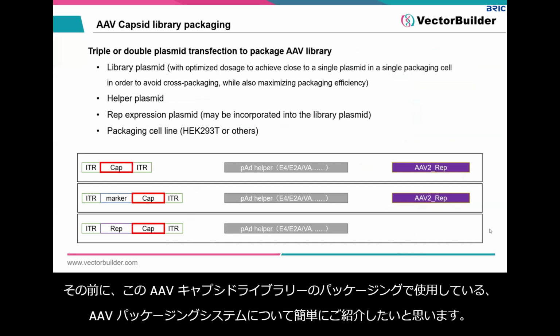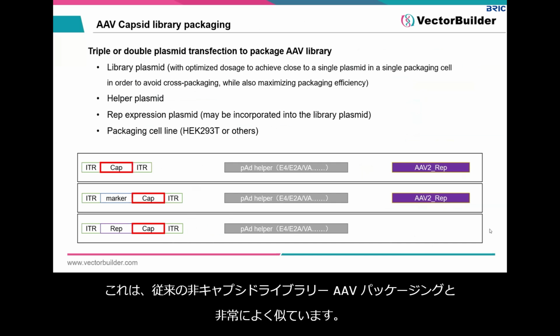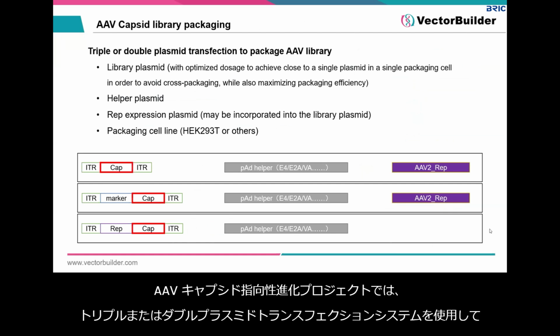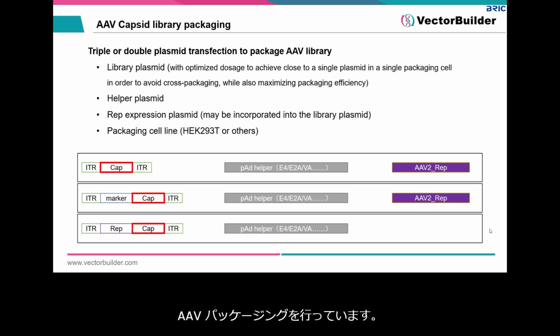Before that, I'd like to briefly introduce the AAV packaging system that we use in AAV capsid library packaging. It's very similar to traditional non-capsid-library AAV packaging. We also use the triple or double plasmid transfection system to do AAV packaging in AAV capsid evolution projects.